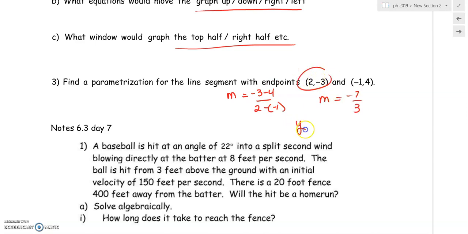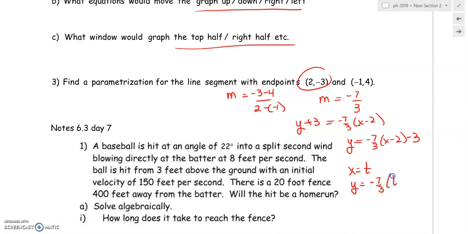If I use this point, right? So now I could change that to a parametric equation if I decided to let the x be a t and just call it x(t). So I now described it parametrically.